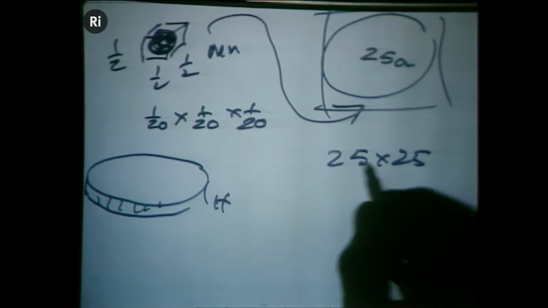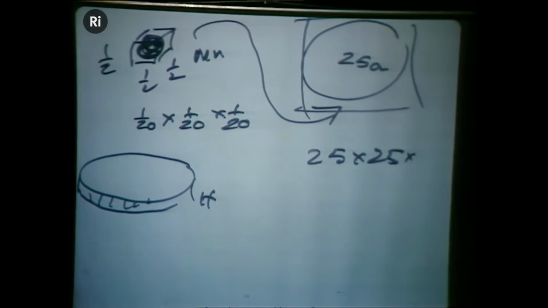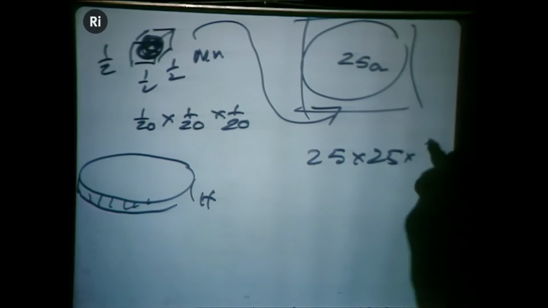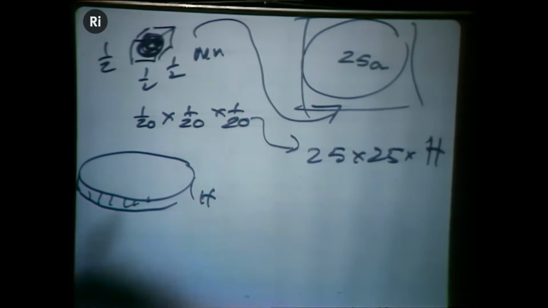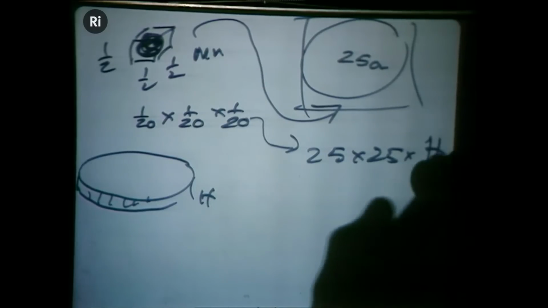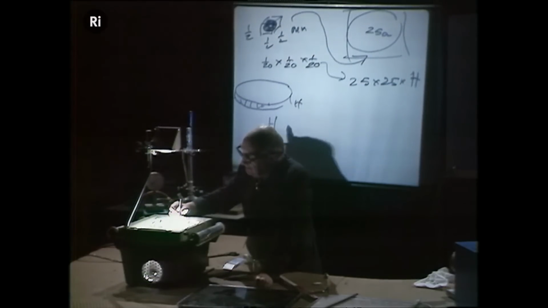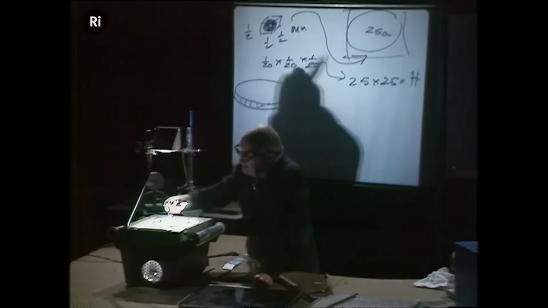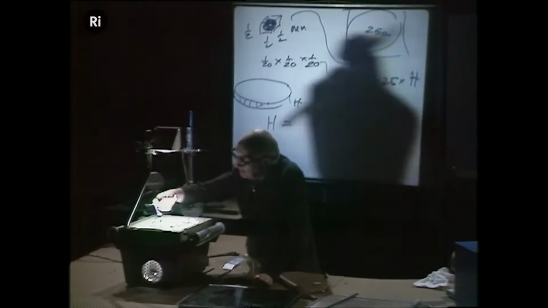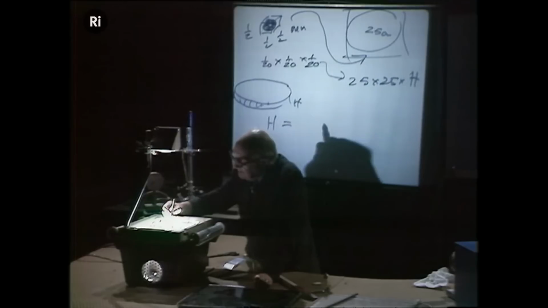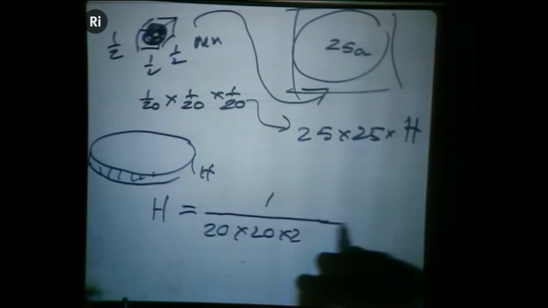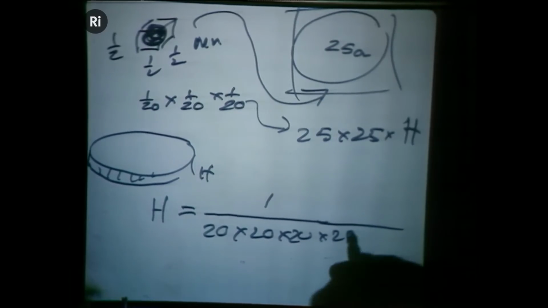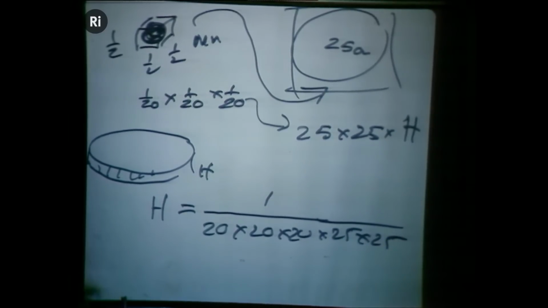And so it's 25 times 25 times h, and those two are the same if the oil has not changed its volume. And so h must be 1/20th, 1/20th, 1/20th, 1/25th, and 1/25th. So it is 1/20 times 20 times 20 times 25 times 25.